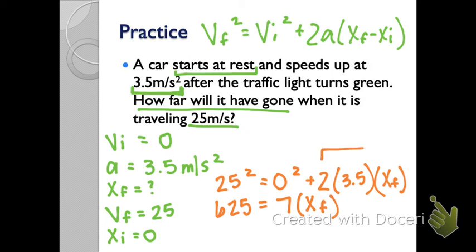This whole term is all multiplied together. 2 times A times x final. So now if I want to get x final by itself, what do I need to do? Divide by 7, divide by 7. So that means x final, I got x final to be 89.3 meters.